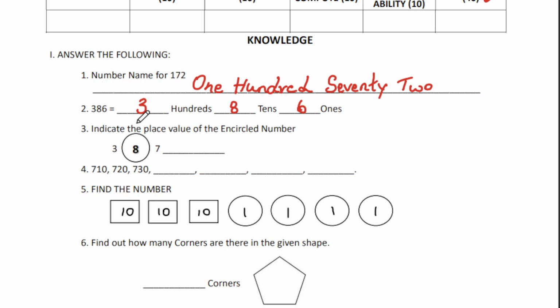Okay, indicate the place value of the encircled number. So we have to write the place value of the circled number. So 3 is hundreds place, 8 is tens place, and 7 is in ones place. So you have to write tens.